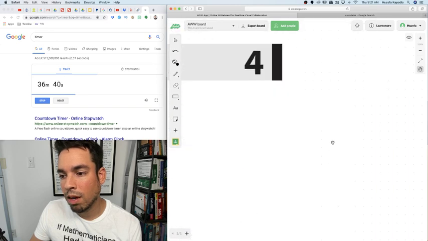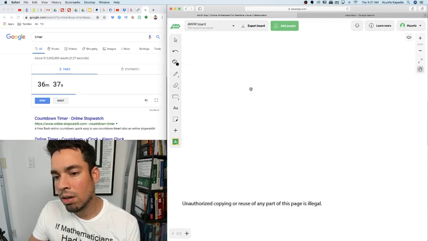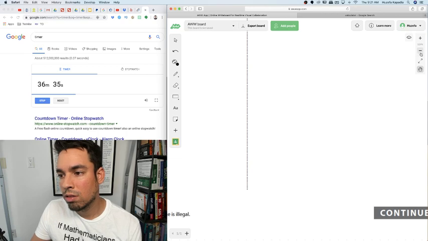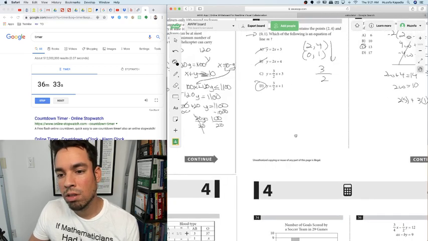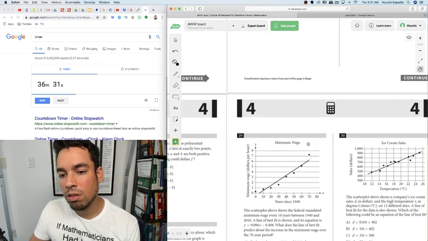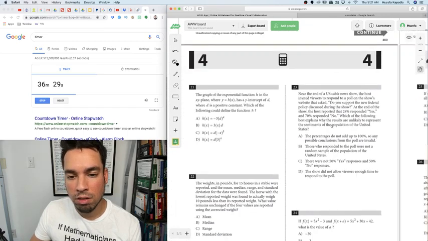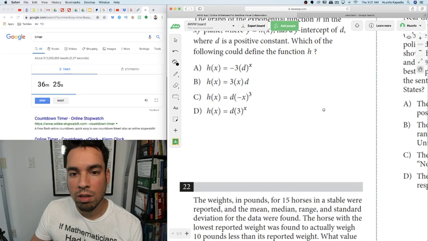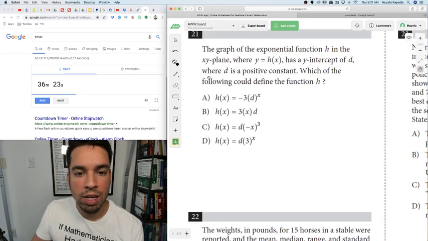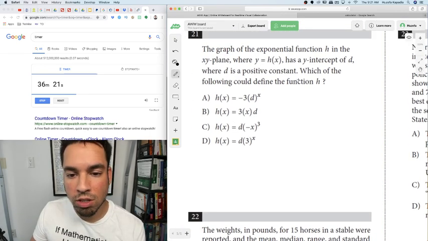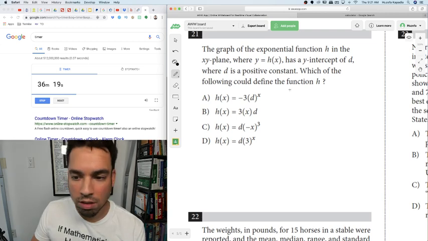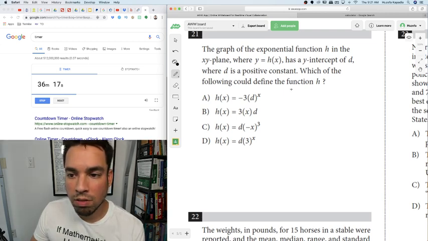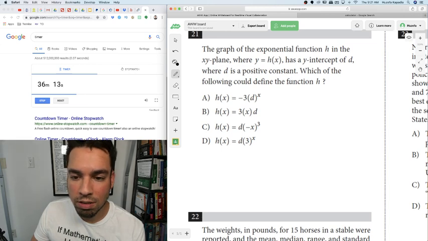Okay, about halfway done. So let's zoom out. All right. The graph of the exponential function h in the xy plane has a y-intercept of d where d is a positive constant.